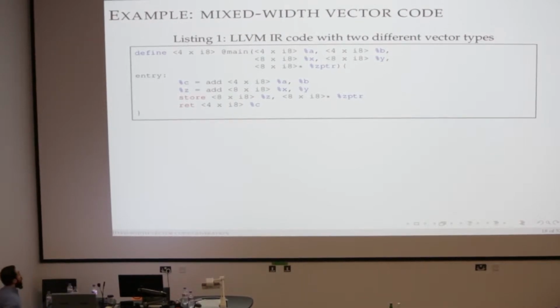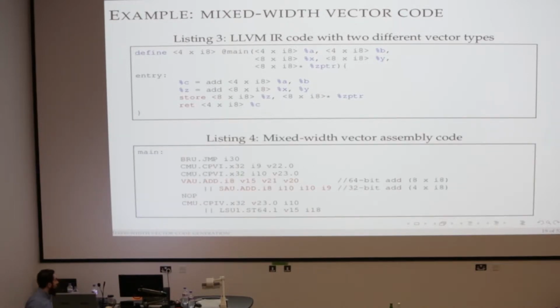So let's take a quick look at how the mixed-width vector code looks. This is a simple IR code. What's important here is that we have an operation which uses a 4 by 8-bit type of data, and another operation which uses 64-bit data, and these operations are independent.